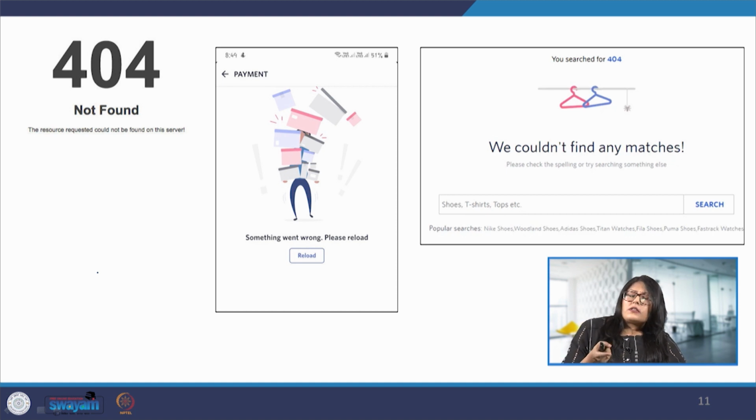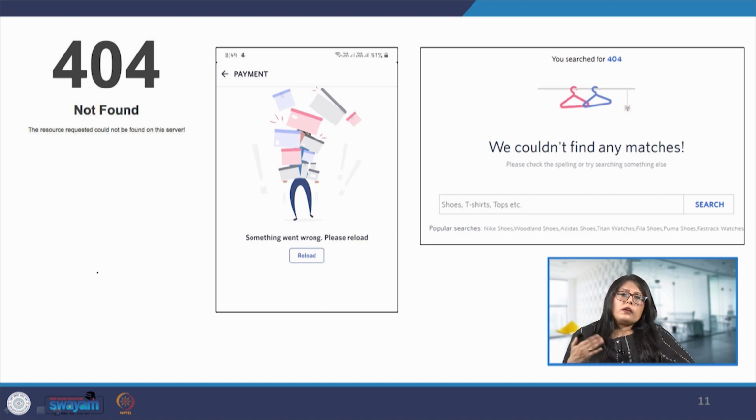We have seen this in the previous lecture also, one example, and here also we can see that this particular shopping app, when a user is searching for something, is saying something went wrong, please reload, or we couldn't find any matches. So it is with the help of the text and with the help of the visual graphics that it is informing the user that it is not their fault.